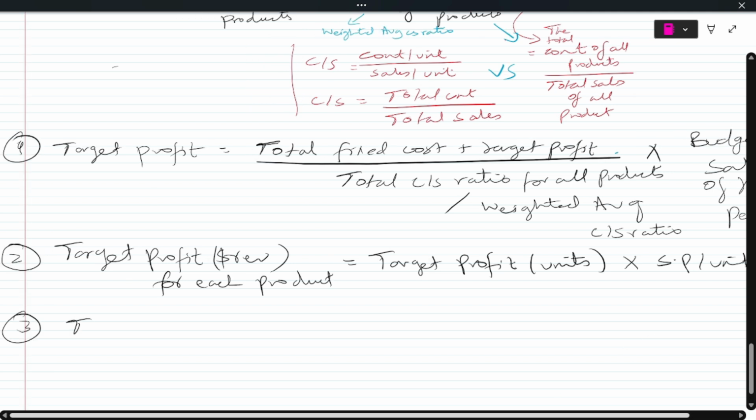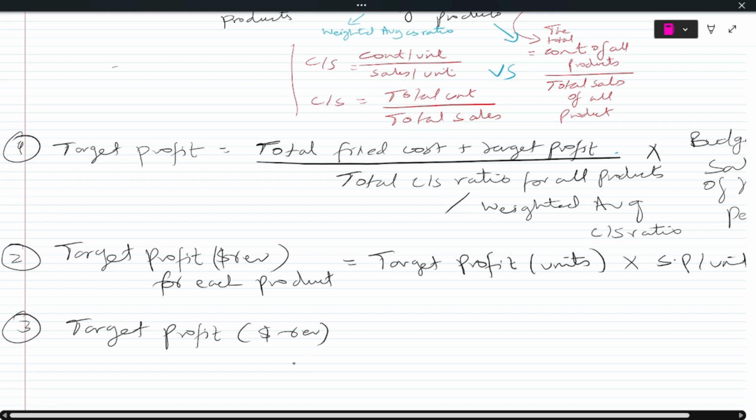And then if we have to calculate target profit in terms of revenue, but the total amount, which means in total for all the products, how would I do that?